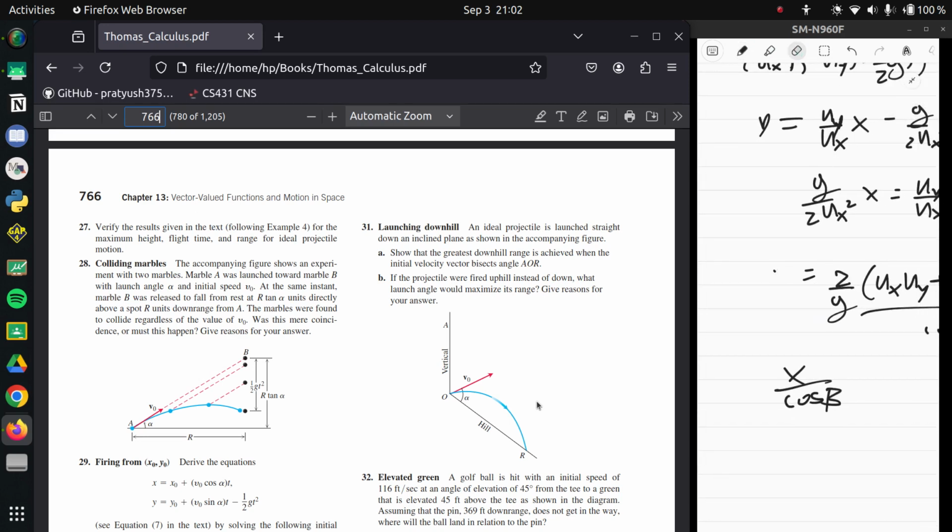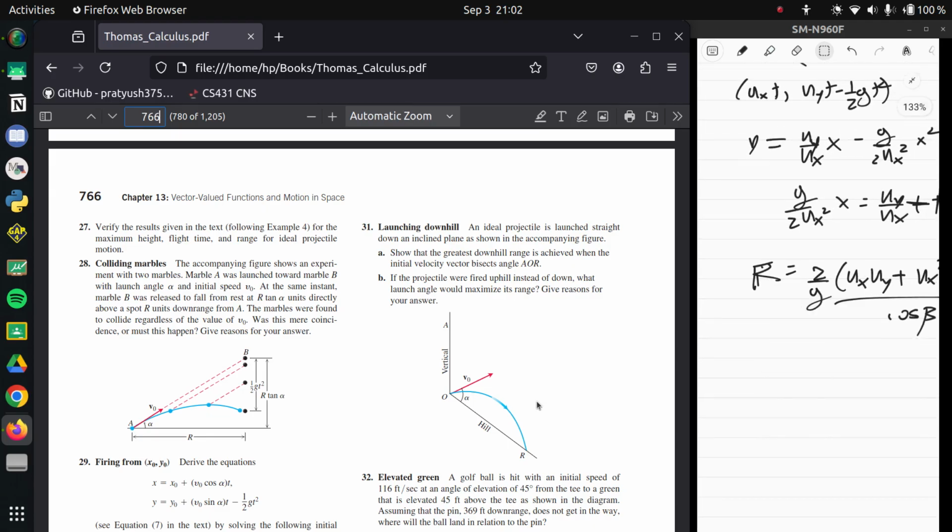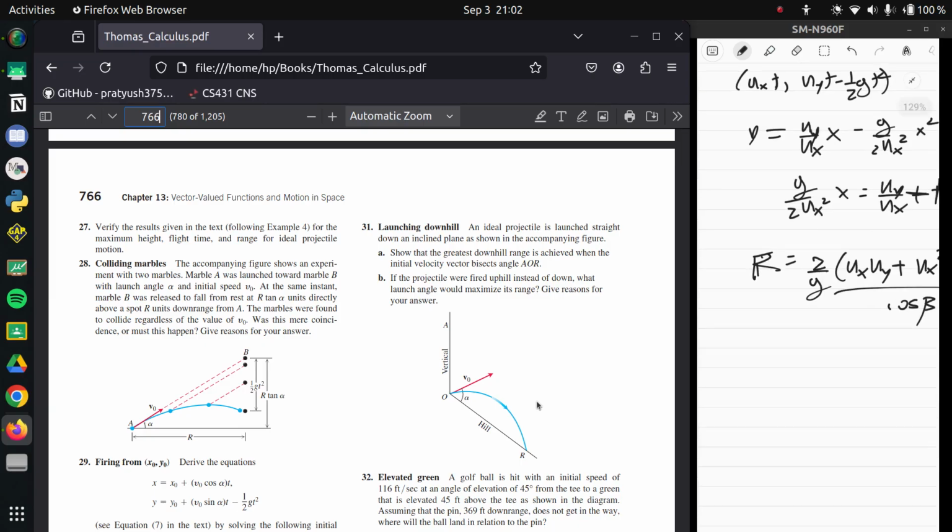So this will be your range. So beta is fixed in any case, so you just want to increase your x essentially, right? Yeah, I mean that's tan beta, so increasing the x coordinate also increases the whole thing as a whole.